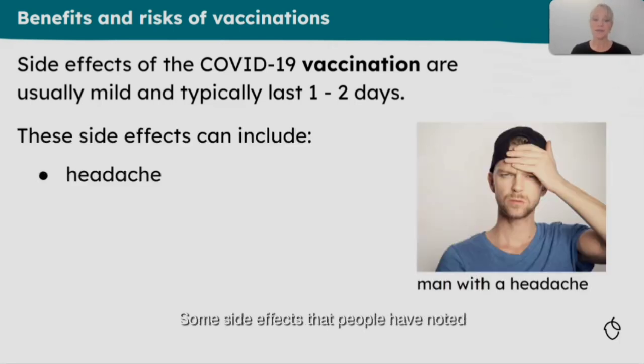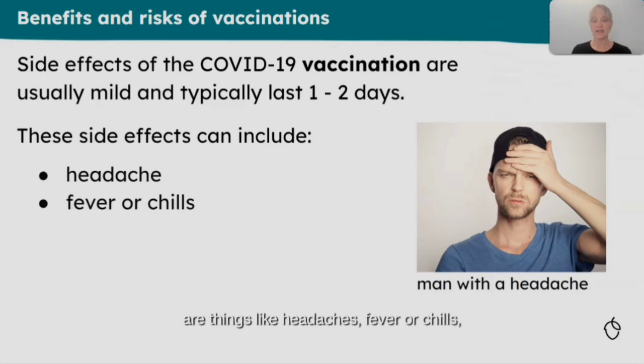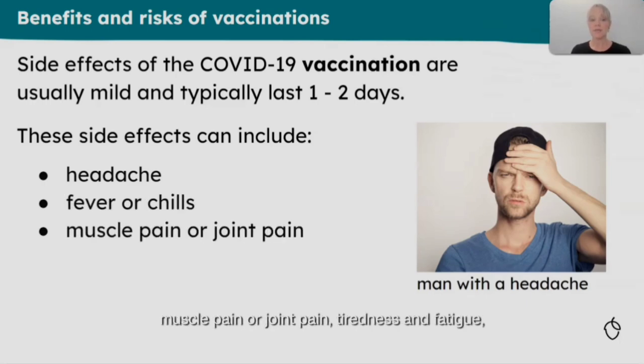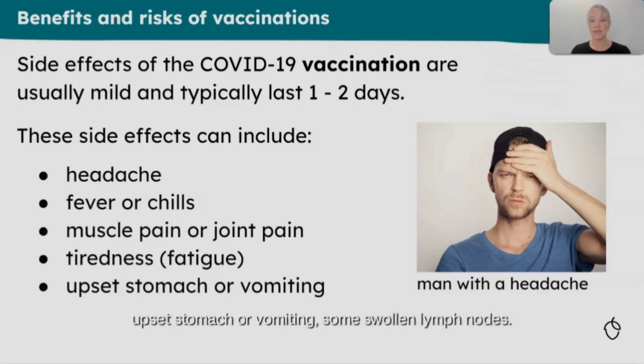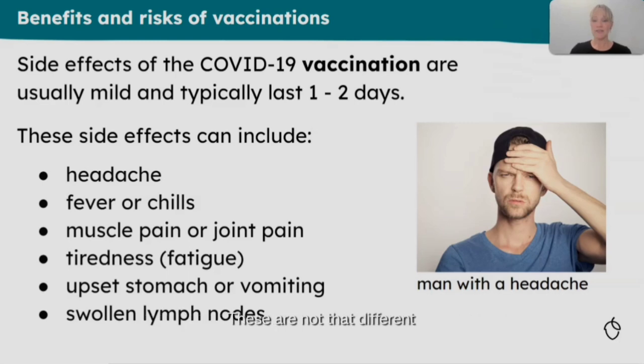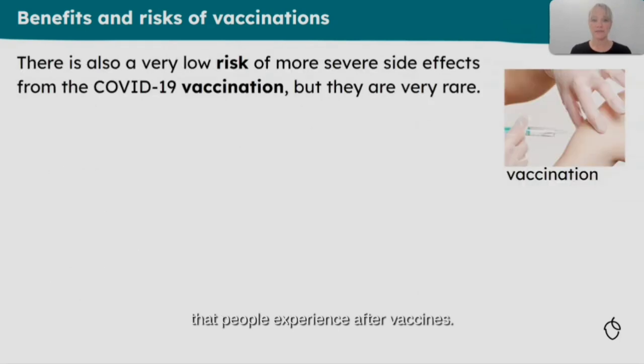Some side effects that people have noted are things like headaches, fever or chills, muscle pain or joint pain, tiredness and fatigue, upset stomach or vomiting, and some swollen lymph nodes. These are not that different from what we would normally expect from a vaccination. These are quite typical symptoms that people experience after vaccines.